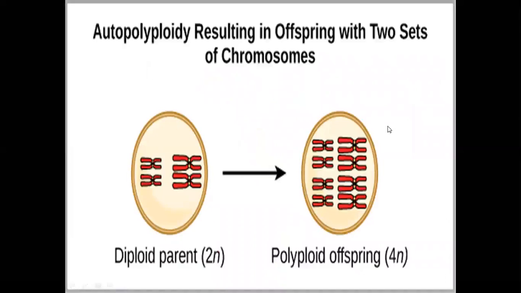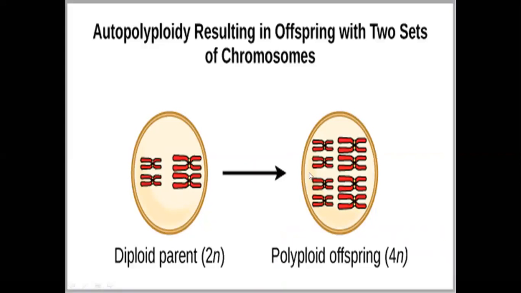So this is what is happening. Autopolyploidy results in offspring with extra sets of chromosomes. This is a diploid parent. You treat it with this chemical called colchicine, and during the cell cycle this diploid will undergo replication, and it produces a set of 4 tetraploid chromosomes.